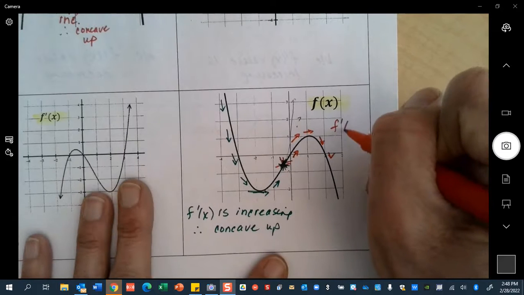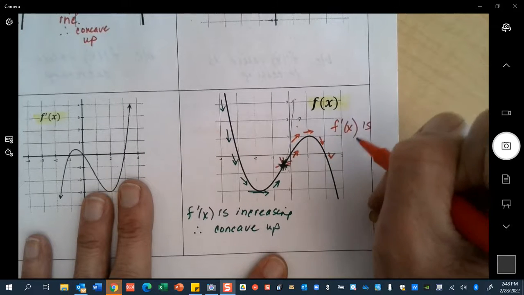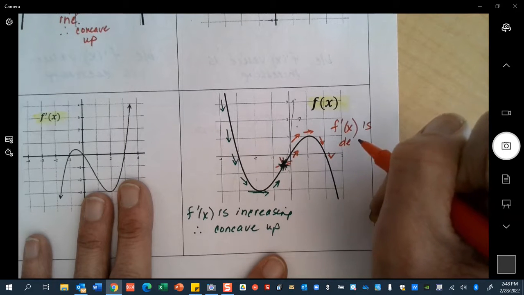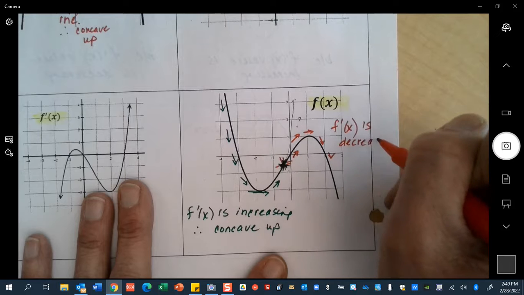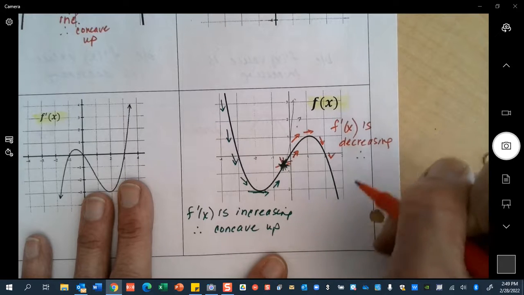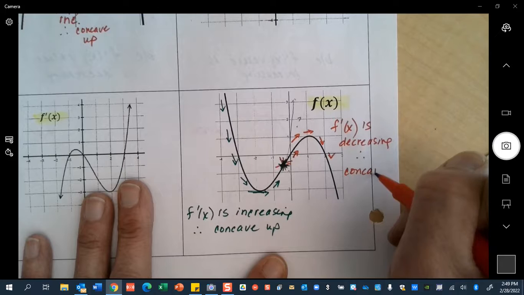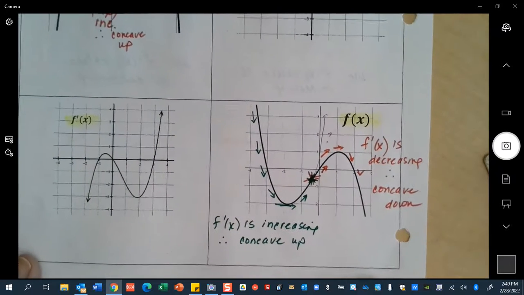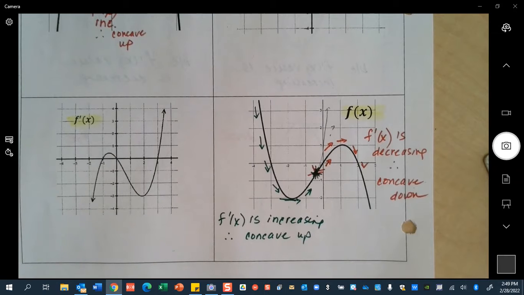So my f prime of x is decreasing. Therefore, your concave what? Down. That's if I'm looking at concavity of my original graph.